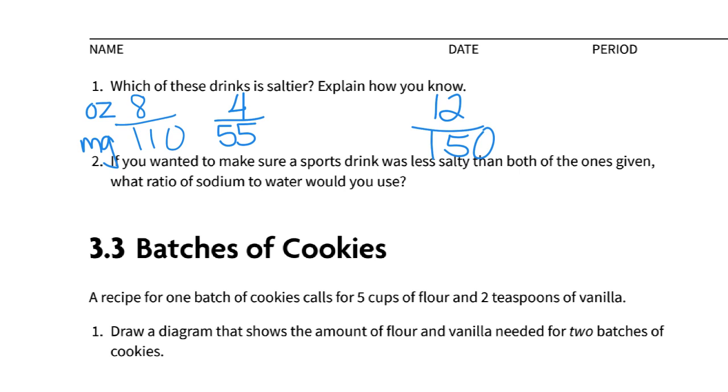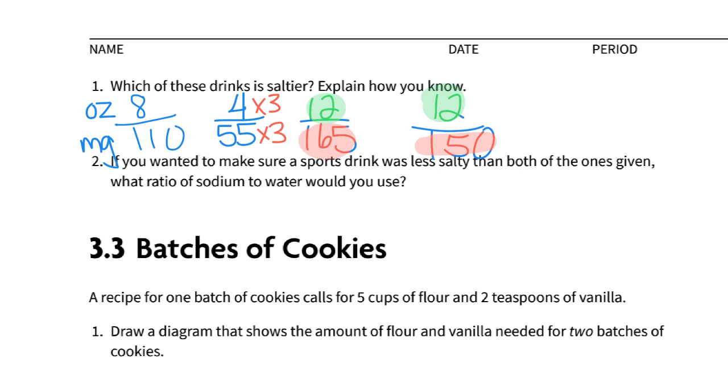But then we can triple that recipe. And then we get 12 and, oh golly, what's 55 times 3? 165. 165 milligrams. So now we have 12 and 12, but we have 165 milligrams of salt compared to 150 milligrams of salt.